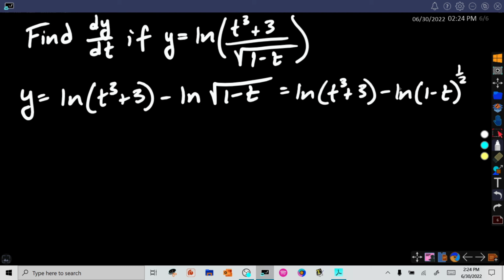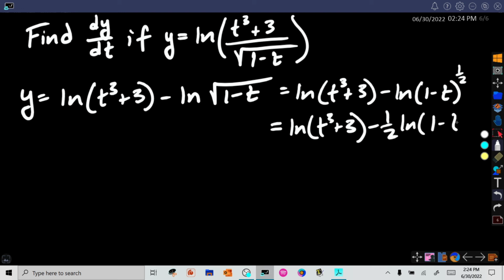And that 1/2 as an exponent can actually come down as a multiplier. So we've got natural log of t cubed plus 3 here minus 1/2, that's a half, natural log of 1 minus t. Okay. So now doing these derivatives is a lot more straightforward, I think.